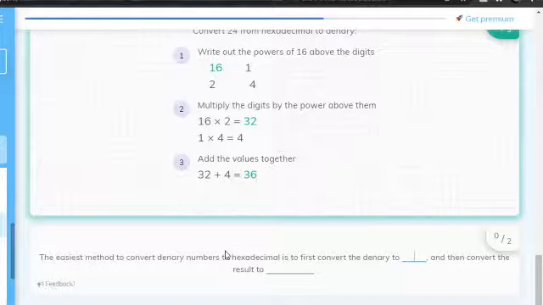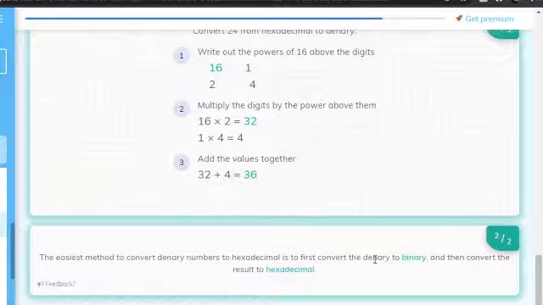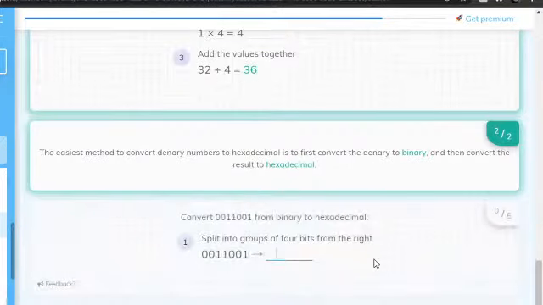The easiest method to convert denary numbers to hexadecimal is to first convert the denary into binary, and then convert the result into hexadecimal. So convert that number from binary to hex. So first 4 bits from the right. So the right is obviously this side.